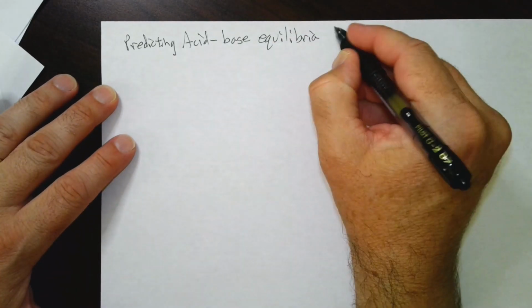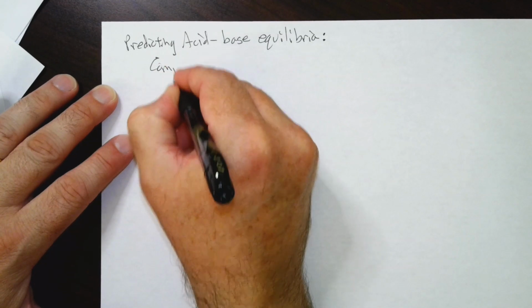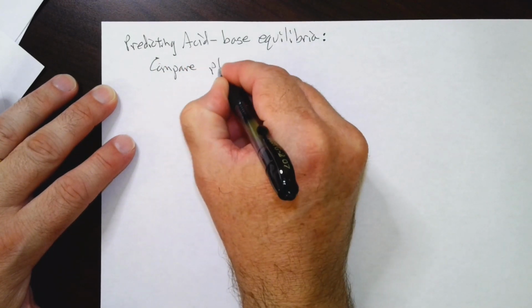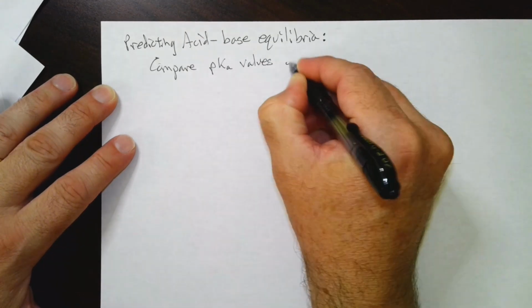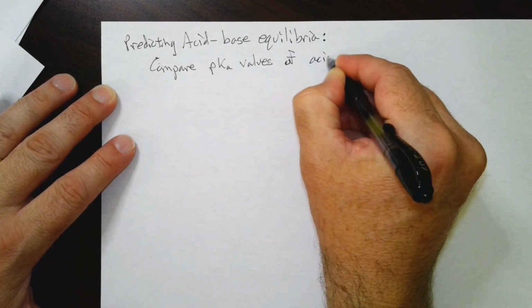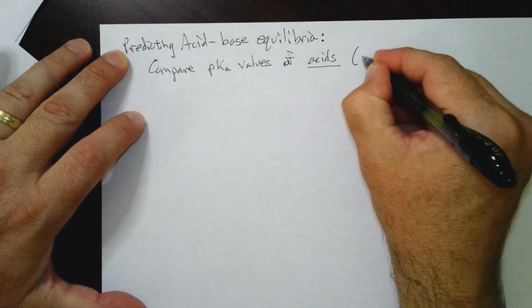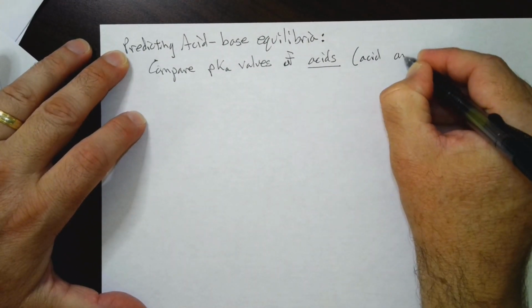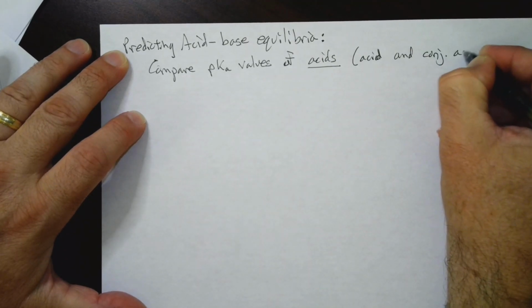So for predicting the acid-base equilibria, what we're going to do is compare pKa values of acids. So that means acid and the conjugate acid.